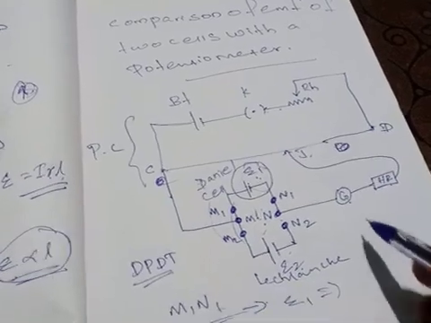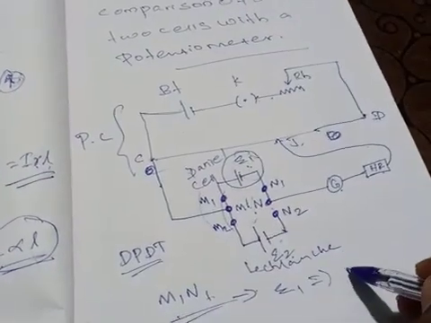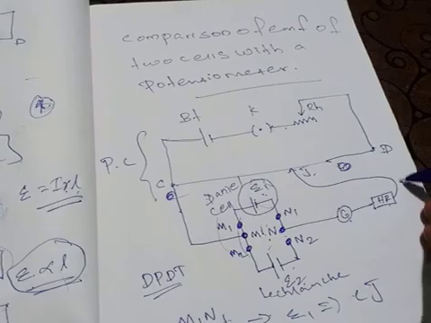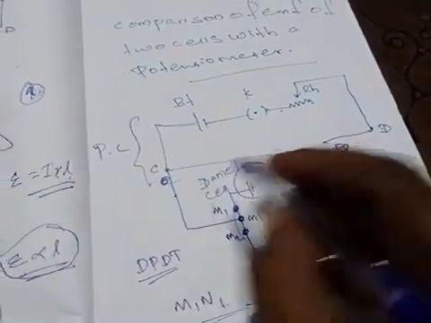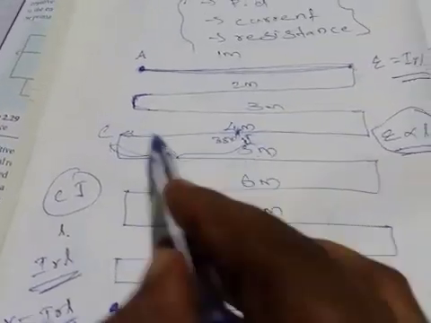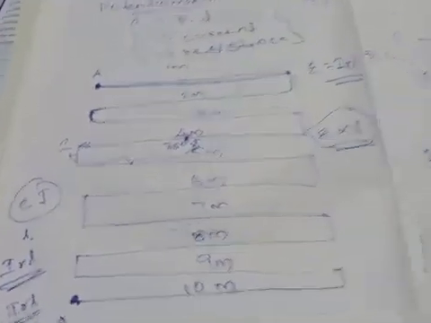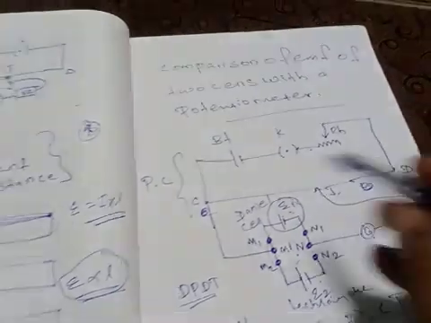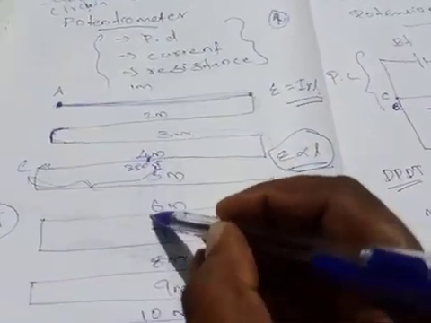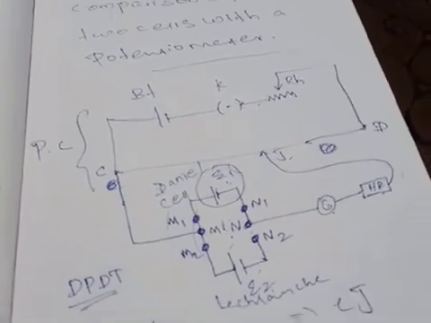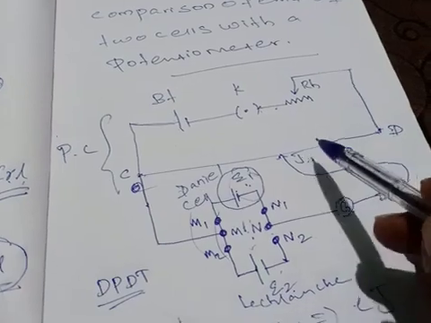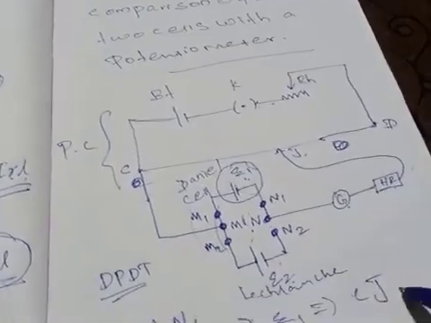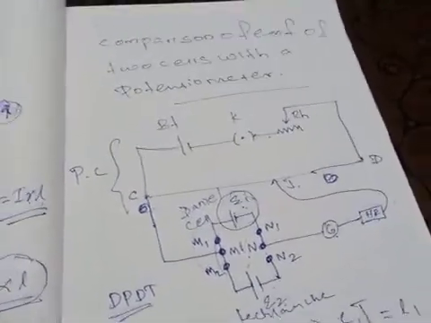We find the balancing length CJ for EMF 1 by moving the jockey over the wire. When we reach a certain place, the galvanometer shows zero deflection, and that is the balancing length CJ. So we get L1.